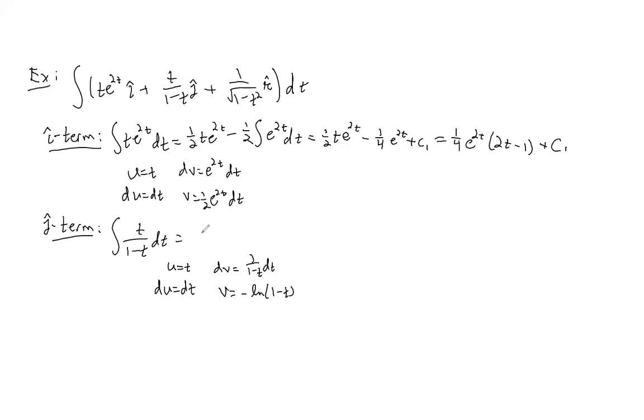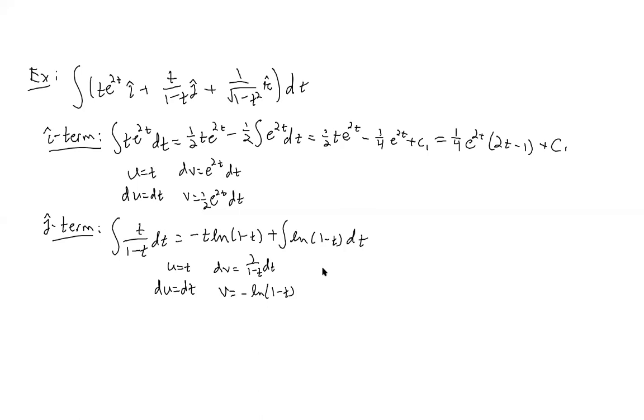So that would be negative t ln(1 minus t) plus, because you've got a negative now, plus the integral of ln(1 minus t). But now you have to deal with the integral of ln(1 minus t), which is not terrible, but you might not remember what that is.